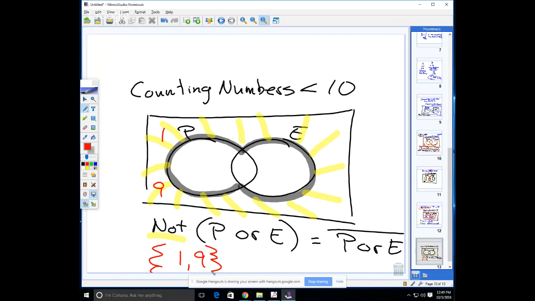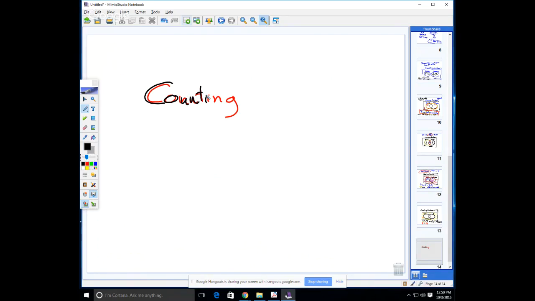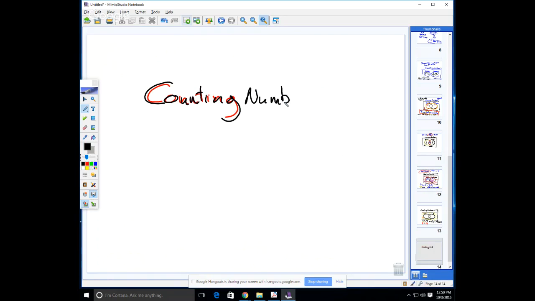All right, let's look at a different set. Again, same universe, counting, let's write in black. Counting numbers less than 10 is my universe.